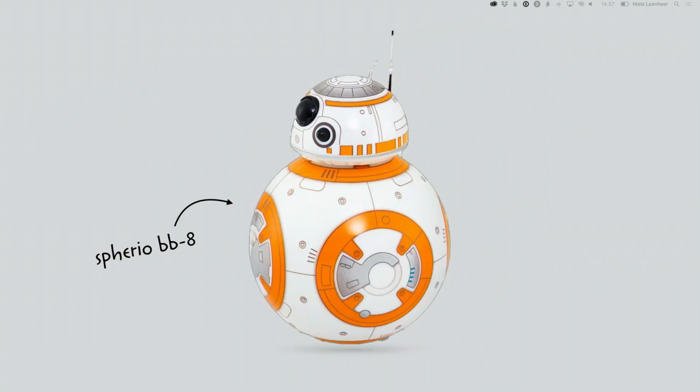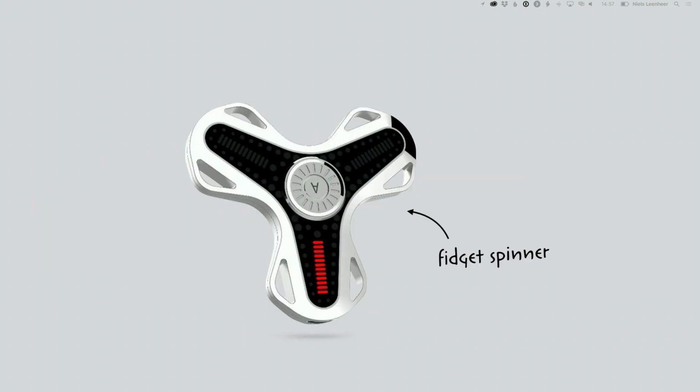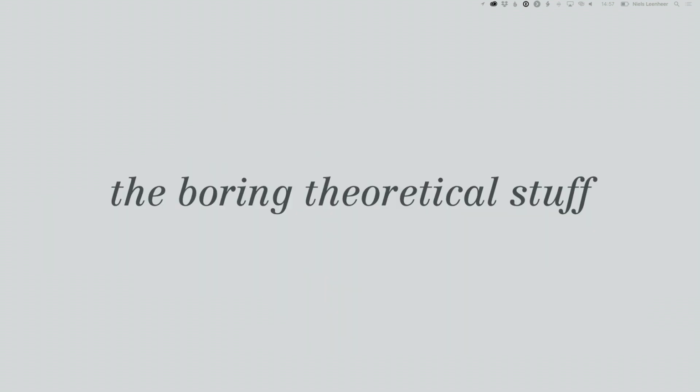Not just serious applications, but fun little gadgets like Bluetooth robots or drones. What could go wrong? Fidget spinners. Oh, no. Let's forget about that one.